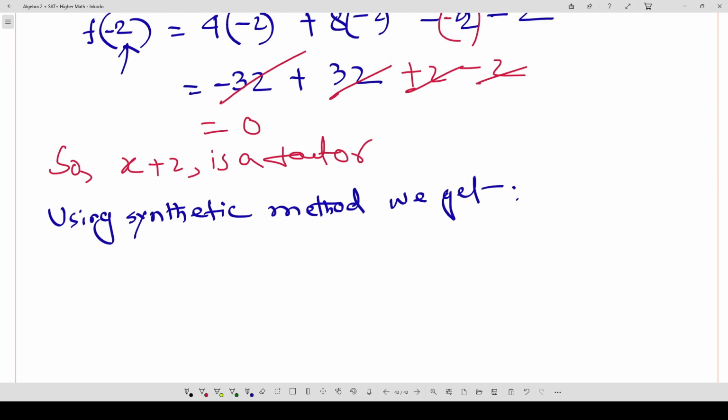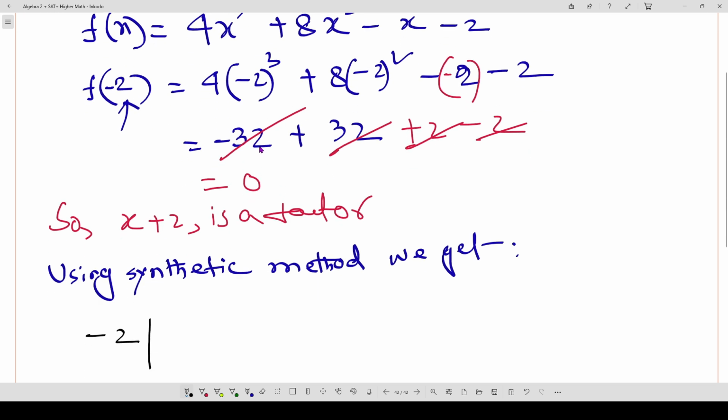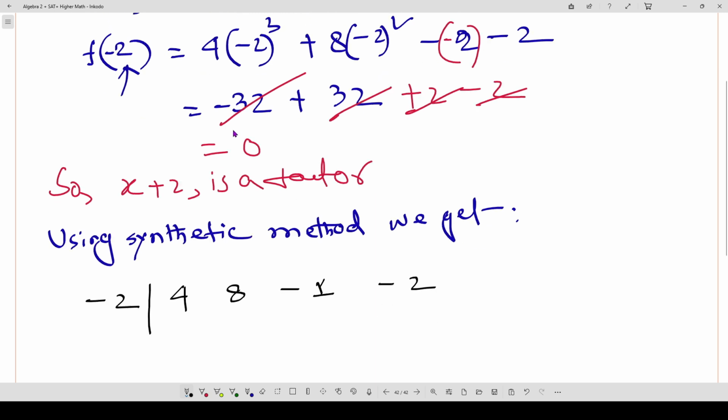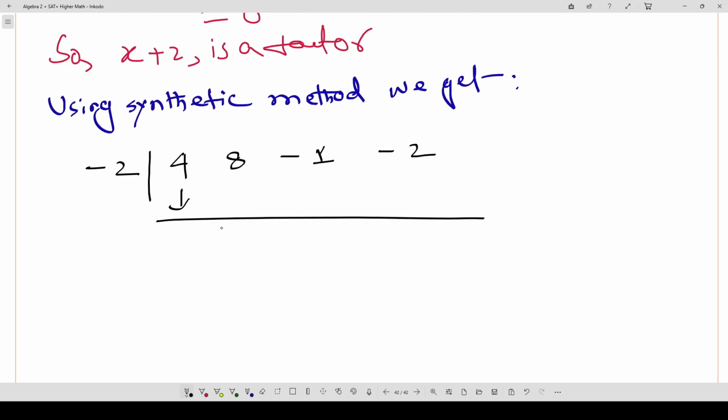So here root is minus 2, and then the coefficient of 4x cube, it's a 4, and plus 8x square, it should be 8, and then minus 1, then minus 2. So this 4 will become directly, so minus 2 times 4, it's a minus 8. So here is a 0. So 0 times something, it's a 0. So here is a minus 1. And then minus 1 times minus 2, it's a plus 2.